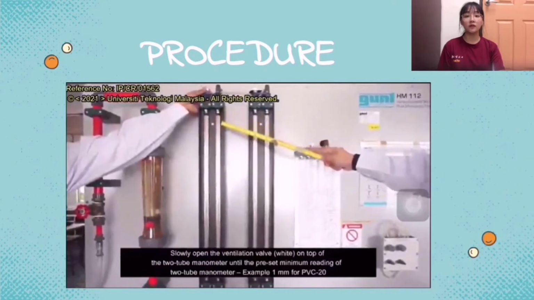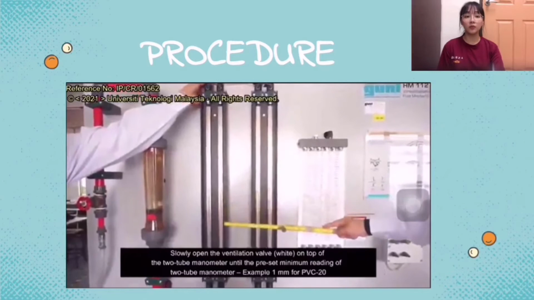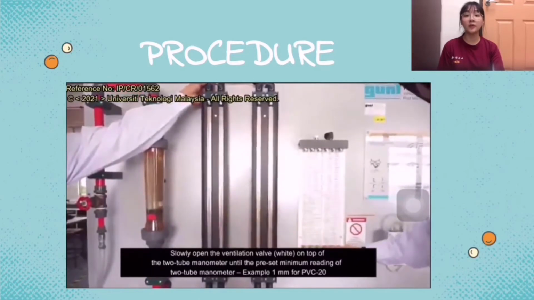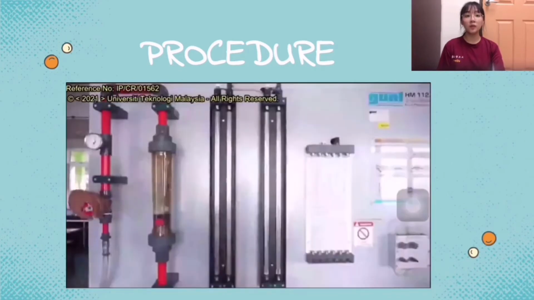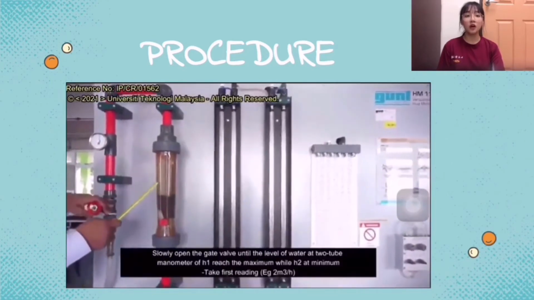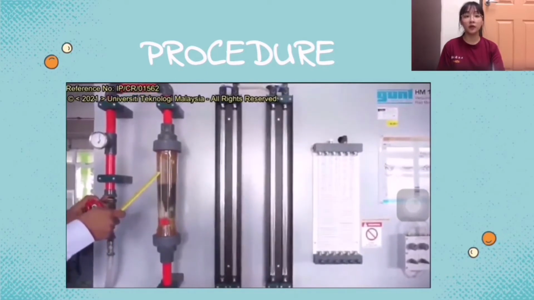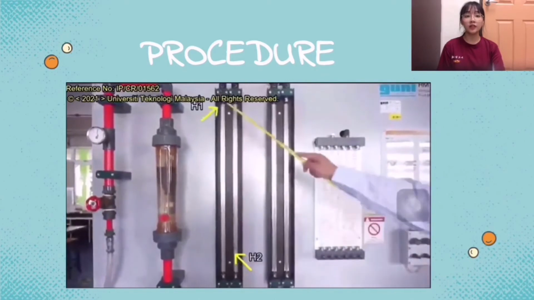Slowly open the ventilation valve, which is white color, on top of the 2 tube manometer until the preset minimum reading of the 2 tube manometer. Slowly open the gate valve until the level of water at the 2 tube manometer of H1 reaches the maximum and H2 reaches the minimum. The first reading is recorded.